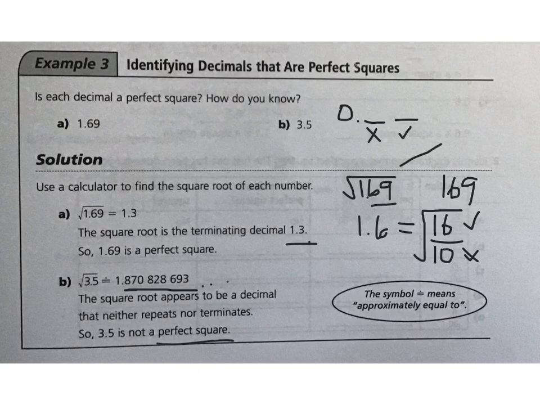For example, 1.69 would be 169 over 100, because this is the hundredths place. If I take the square root of this, I get 13 on the top and 10 on the bottom, so it works. So the tenths place doesn't work, the hundredths does, the thousandths doesn't work, but the ten-thousandths does work.